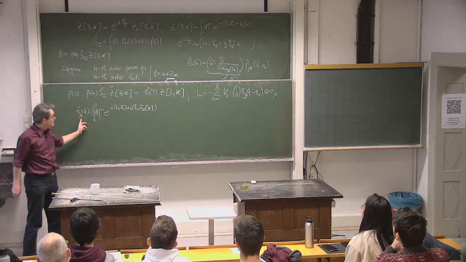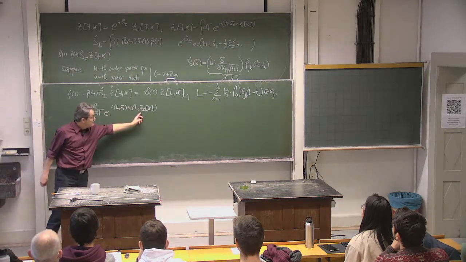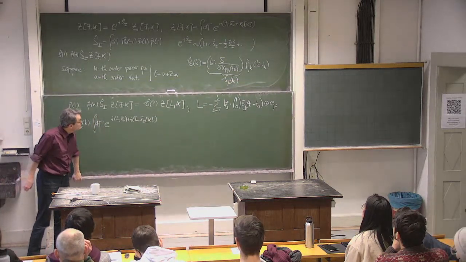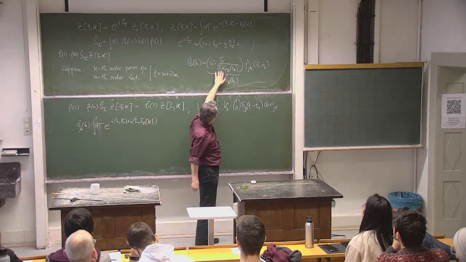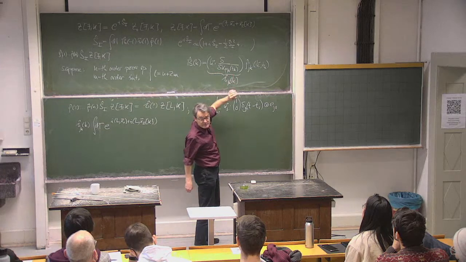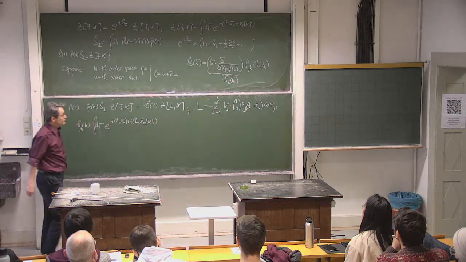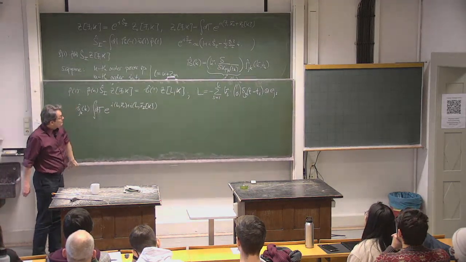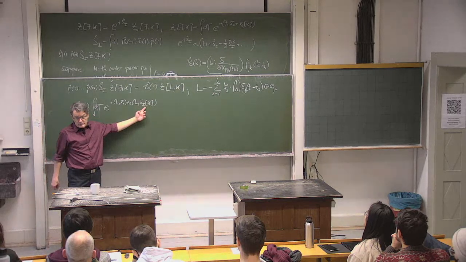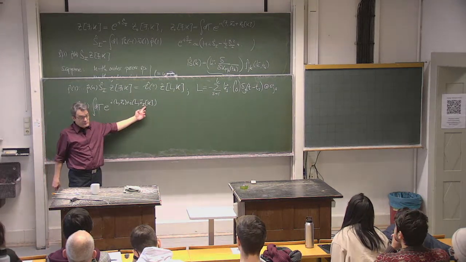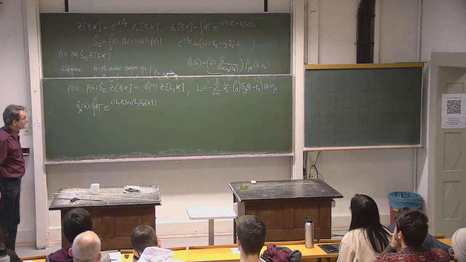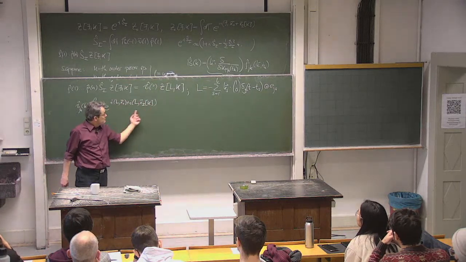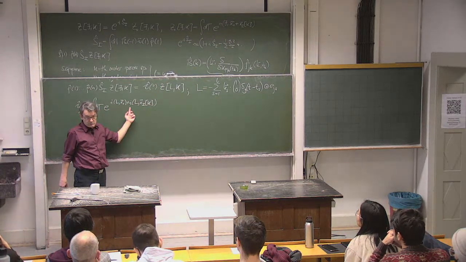Now what happens if I apply this operator here to this expression? Well, I have a functional derivative with respect to k, but only with respect to the momentum component of k. This will act on this interacting part here of the trajectory. But first of all, it will bring this whole factor down from the exponential.